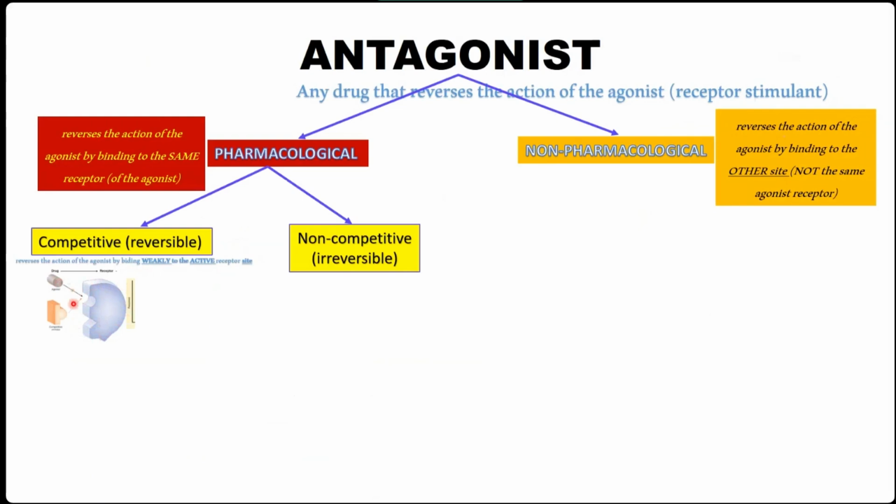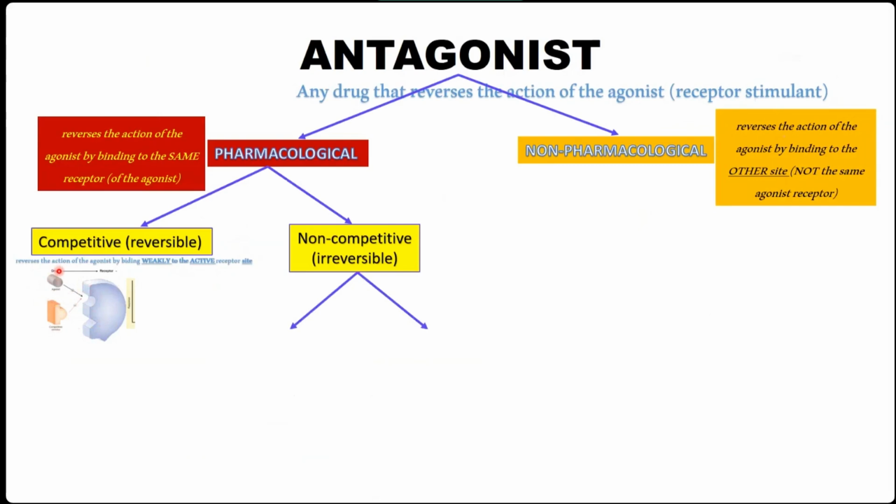Here, the agonist competes with the antagonist for the same active binding site, and the competitive antagonist binds weakly to that active binding site, which means it's a surmountable, reversible antagonism in which if we increase the concentration or the dose of the agonist, we will be capable to detach the competitive antagonist and come back with the original action of the agonist. So this is what makes it competitive reversible. This is the majority of the drugs actually, which act as a reversible competitive antagonist.